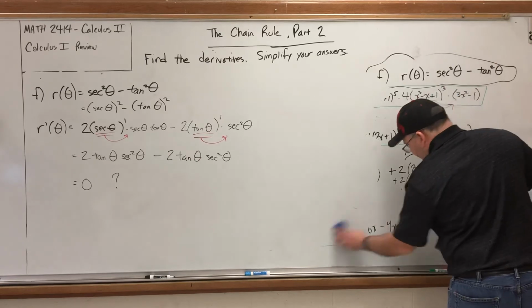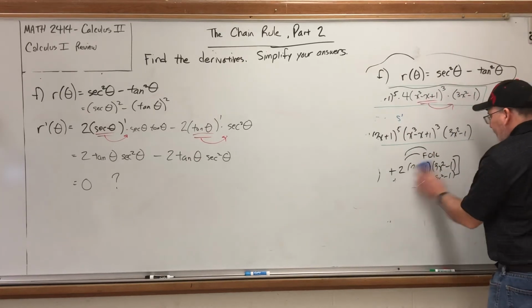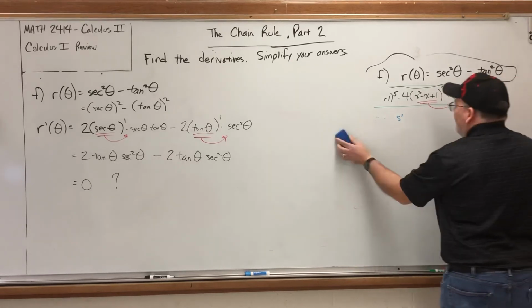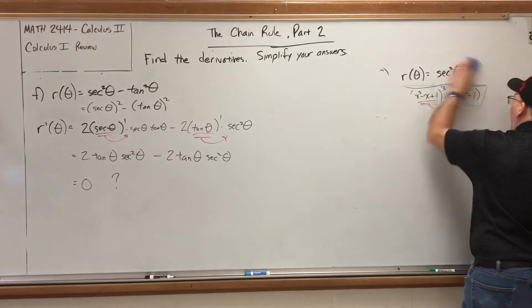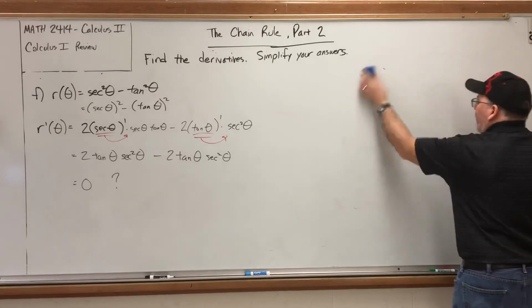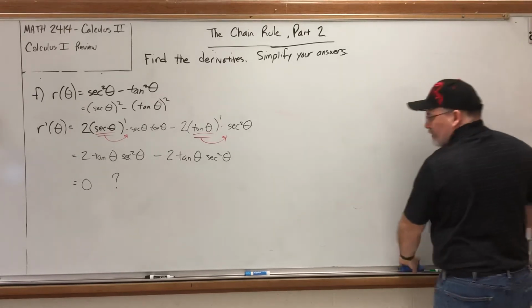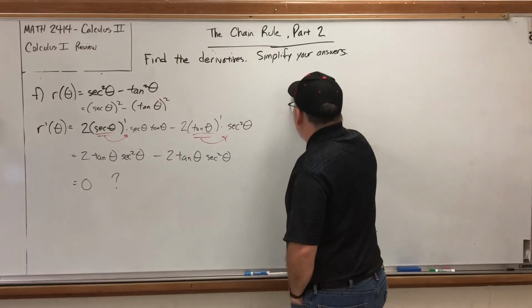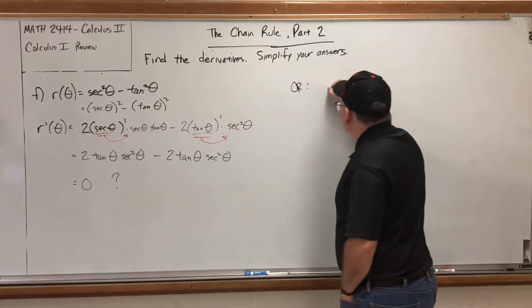The reason I did this last example wasn't just to show you another example of the chain rule. I mean, yeah, it used the chain rule. But the reason I did this last example is that sometimes it pays to think before you jump into a problem. Because if you're really on top of your trigonometry game, you might have recognized something.